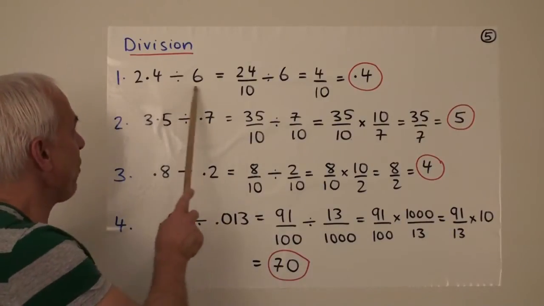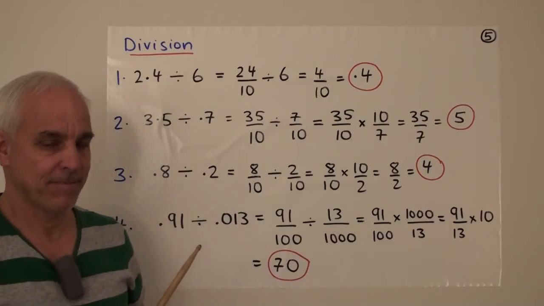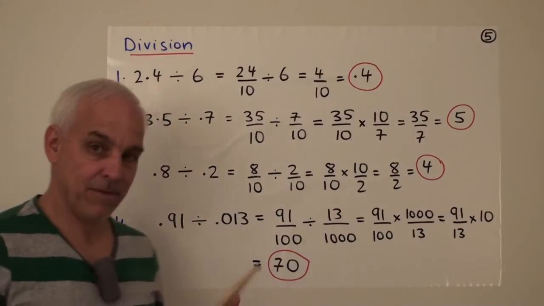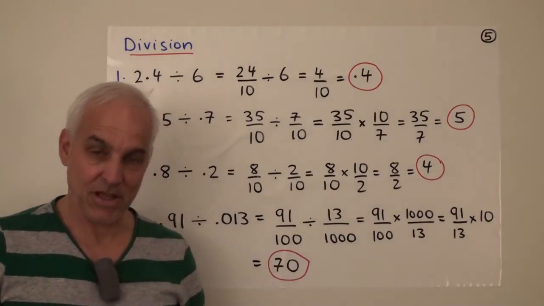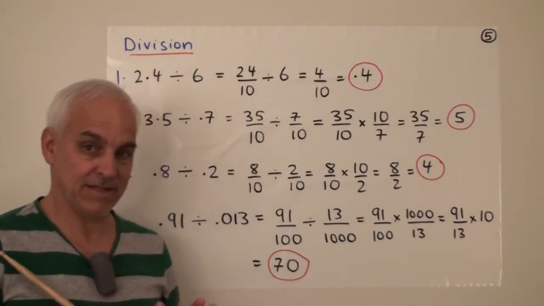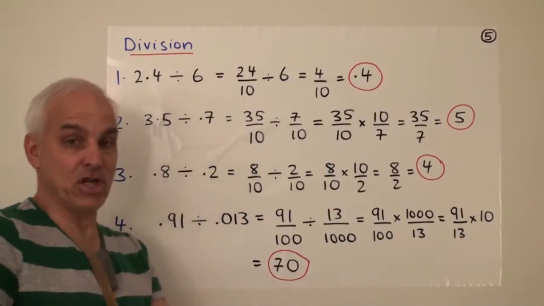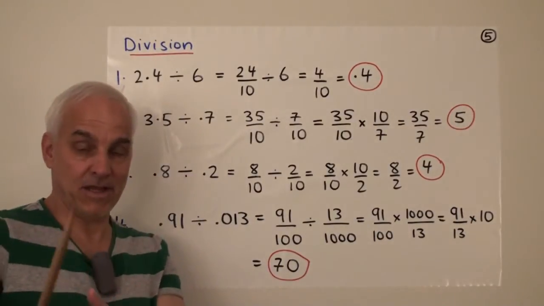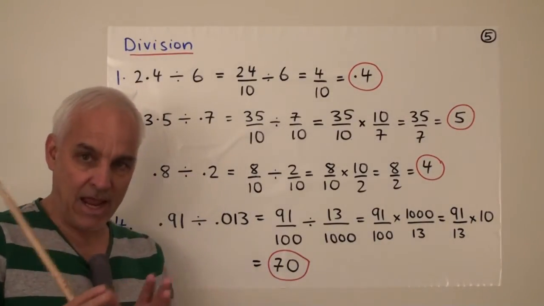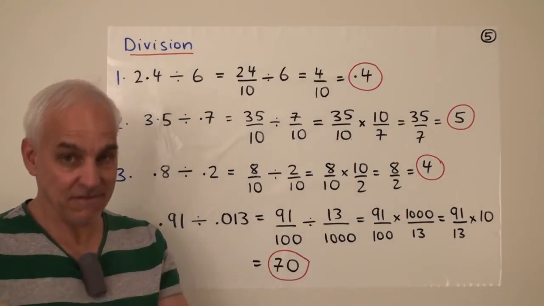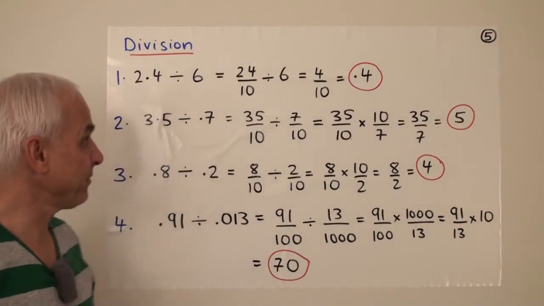So 2.4 divided by 6. Let's take the approach that we started with in the multiplication section by converting each one of these decimals to a fraction and seeing what happens in fraction land, and then converting to a decimal at the end, to understand what's going on, because we understand multiplication and division of fractions.